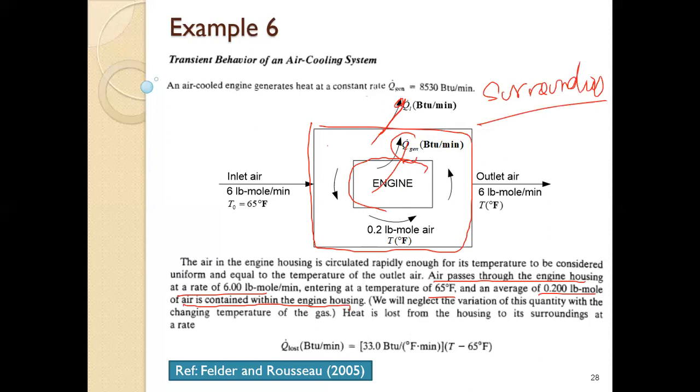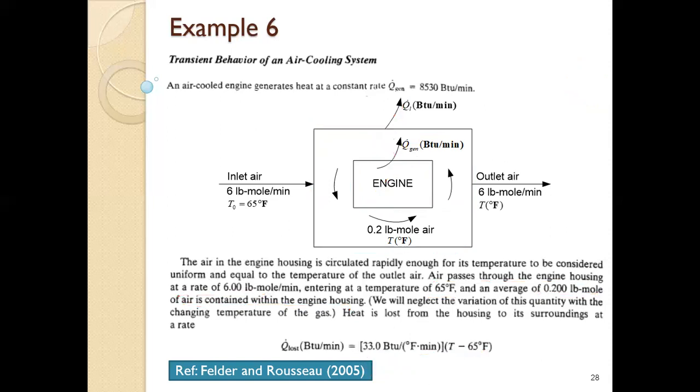This is the heat loss. Again, for this problem, we have heat generated from the engine to the housing, and also heat loss from the housing to the environment. We have the air flow through the housing to control the temperature inside the housing.